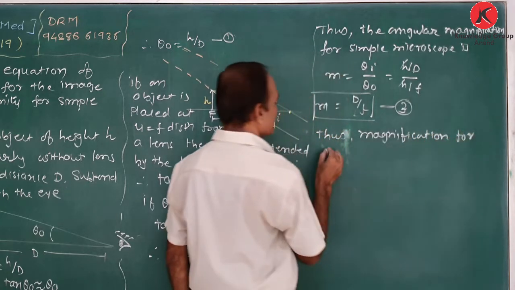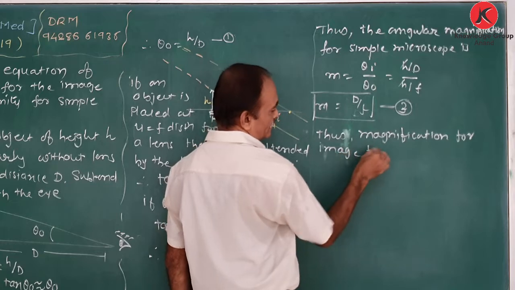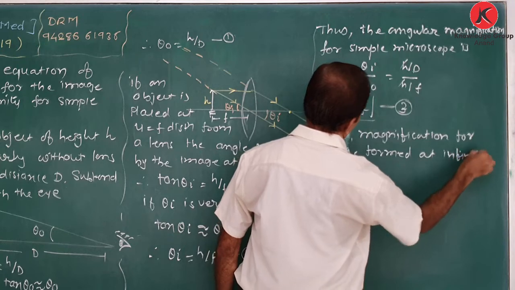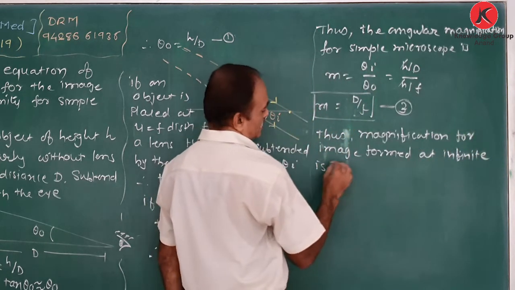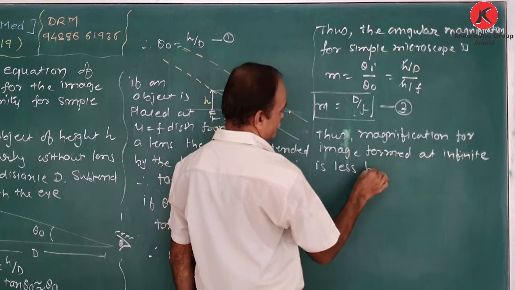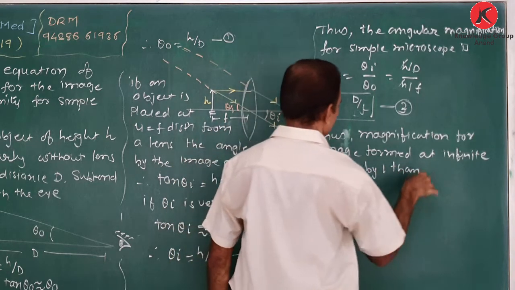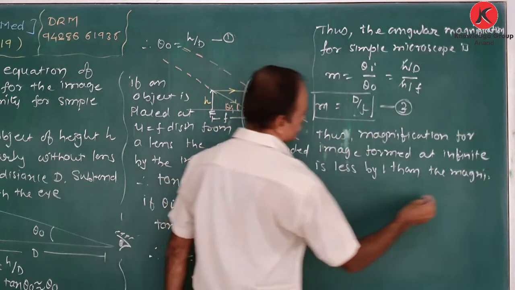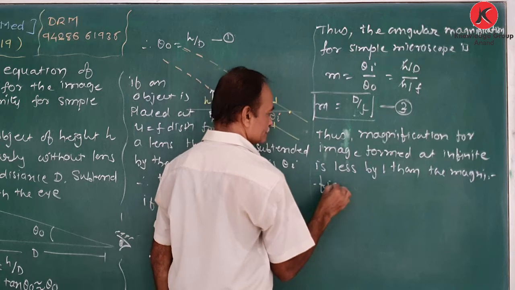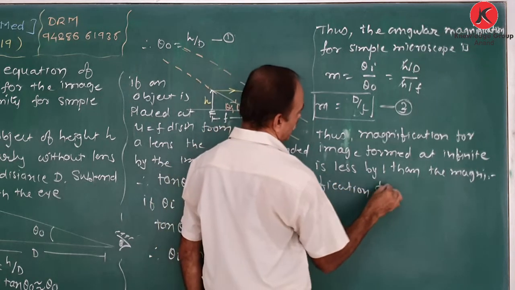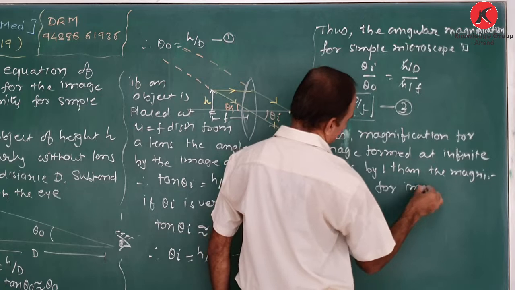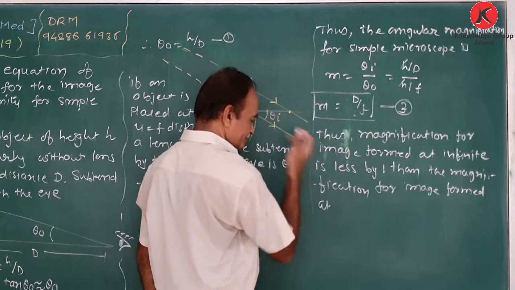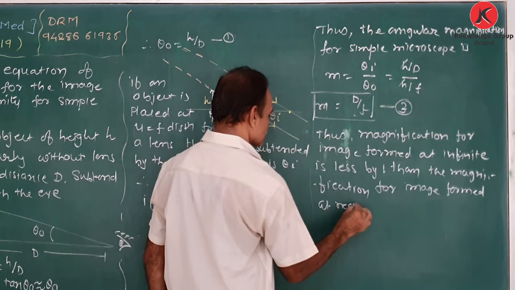Thus the magnification for image formed at infinite is less by 1 than the magnification for image formed at near point distance.